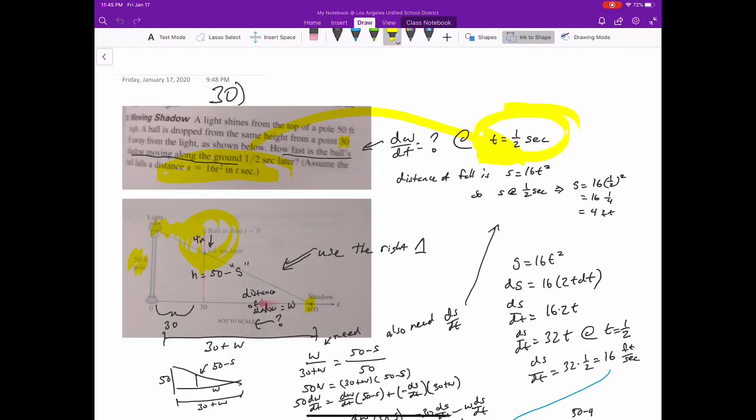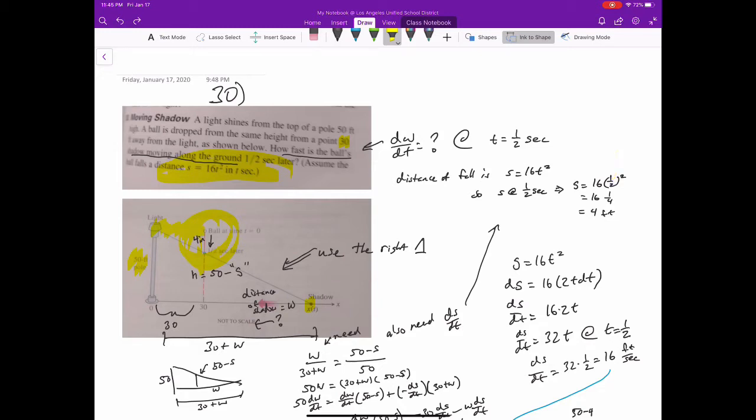So I plug the half a second in right here. 1/2 squared is 1/4, and 1/4 times 16 becomes 4 feet. So the ball fell 4 feet.